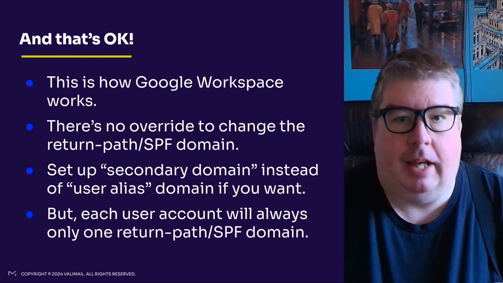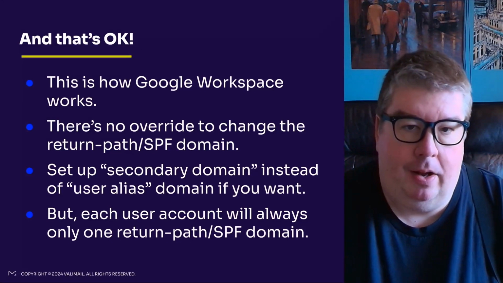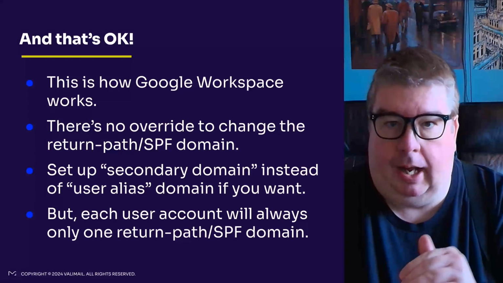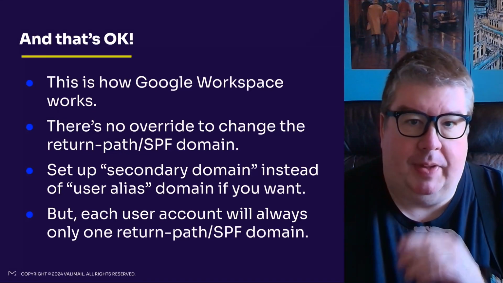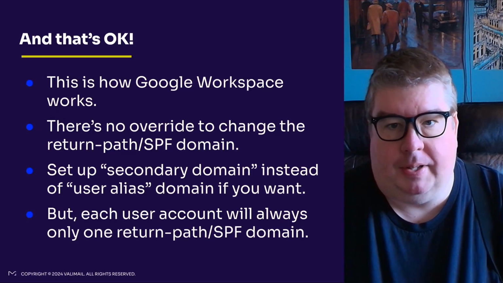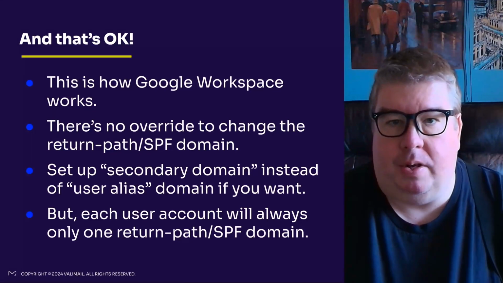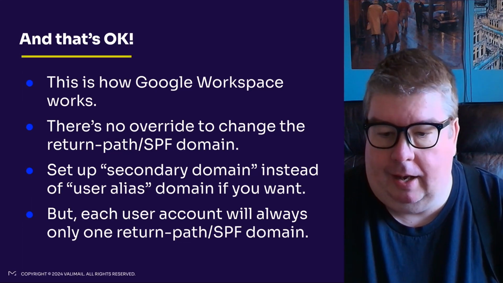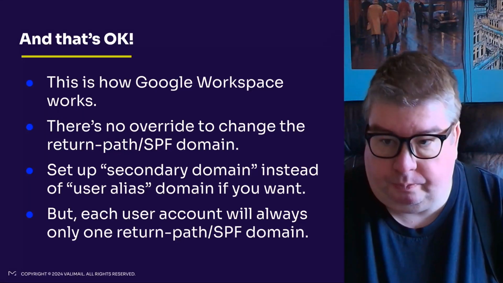So whether it be in the configuration for the secondary domain or the core first domain where you've layered an alias domain on top of that, the return path or SPF is always going to be the same for each account. There is no modification for it. No variability for it inside of a single account.